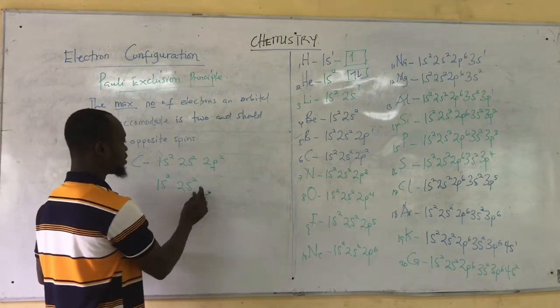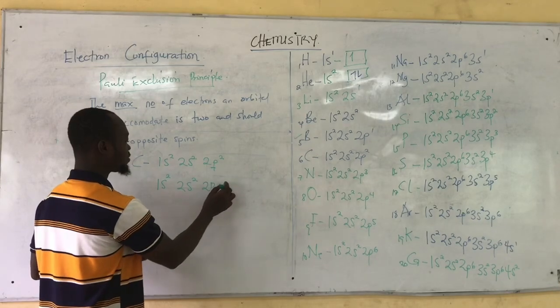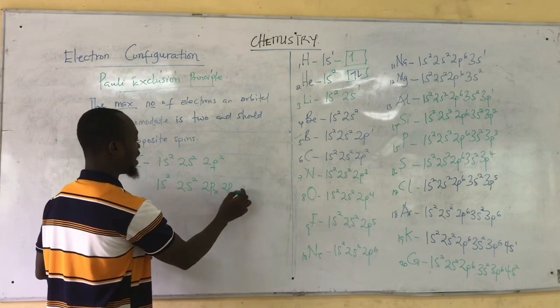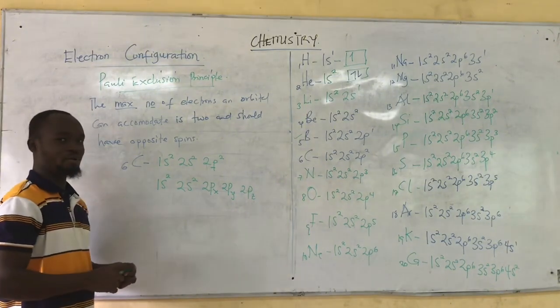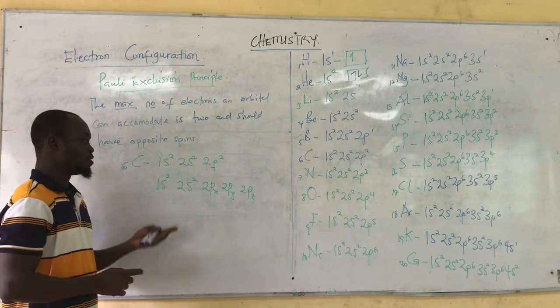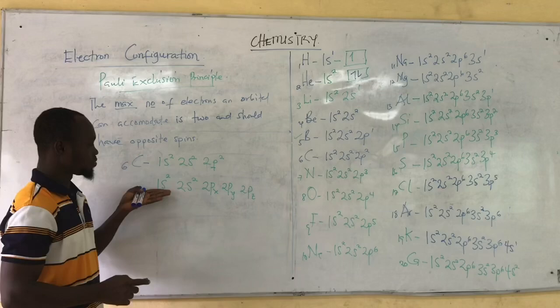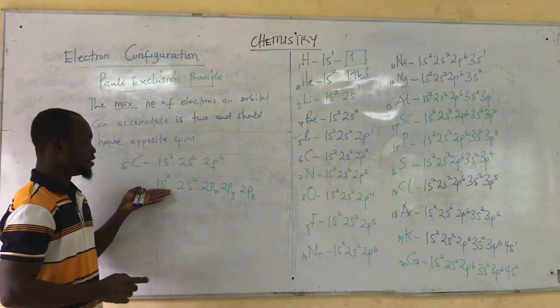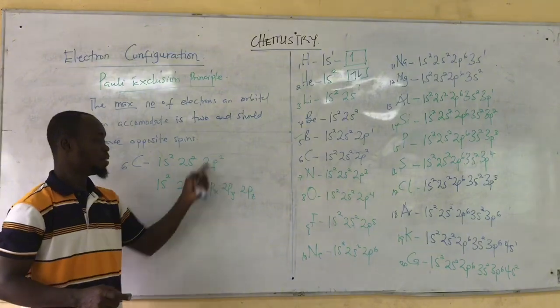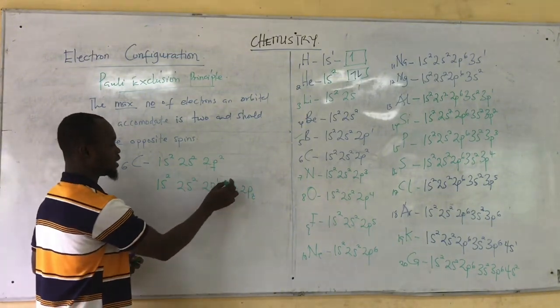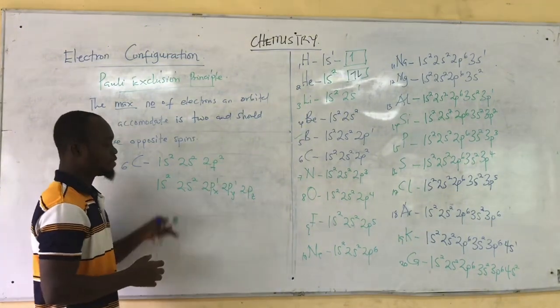So it simply means that we have the 2px, the 2py, and the 2pz. Are we good? Yes. So the carbon configuration, when you are breaking the p orbital down, becomes like this.